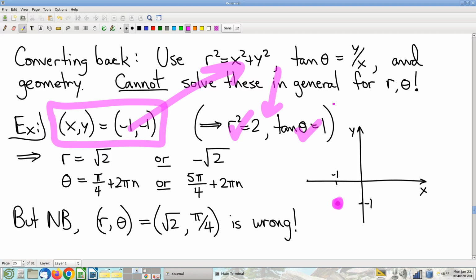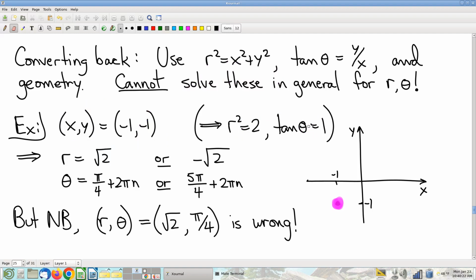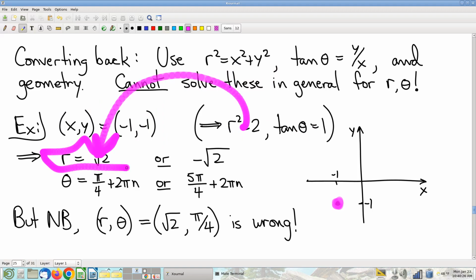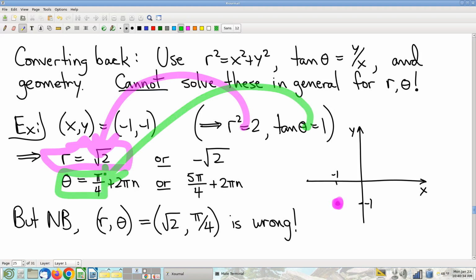And a lot of students will think, oh, well, this means that r is the square root of 2, and this means that theta is pi over 4. If you were to solve for r, solve for theta, that's what you would get.